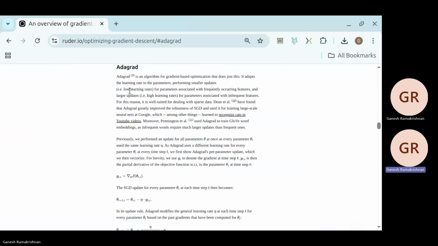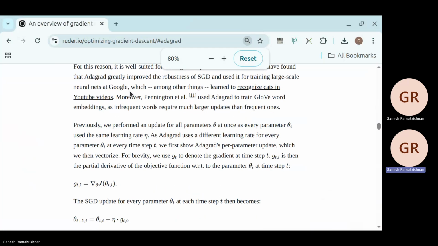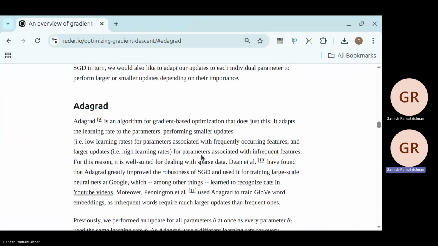So it's a very nicely written blog, right? What does it do? It adapts the learning rate to the parameters, performing small updates for parameters associated with frequently occurring features. So this is giving a different perspective. It's talking in terms of features. So the gradient is in some sense capturing the rate of change of different features, right?